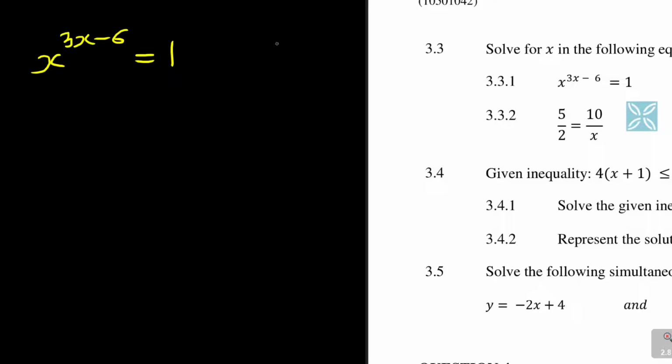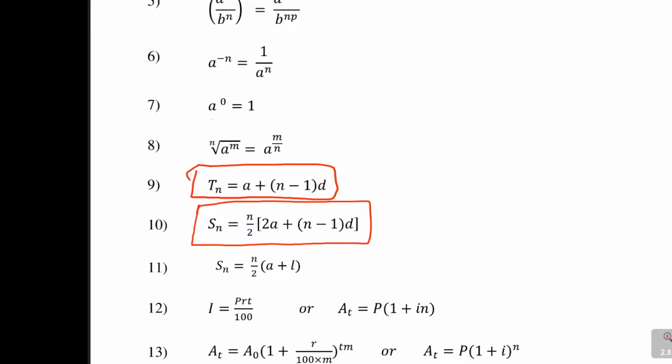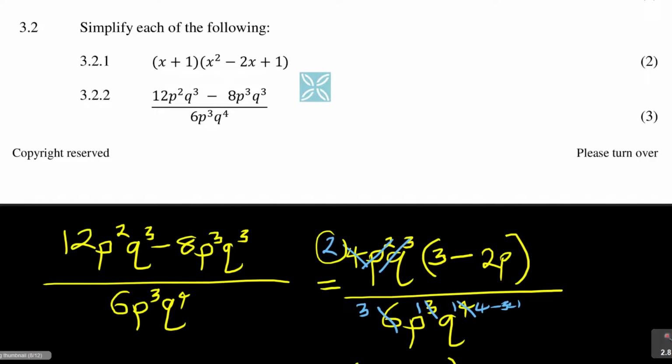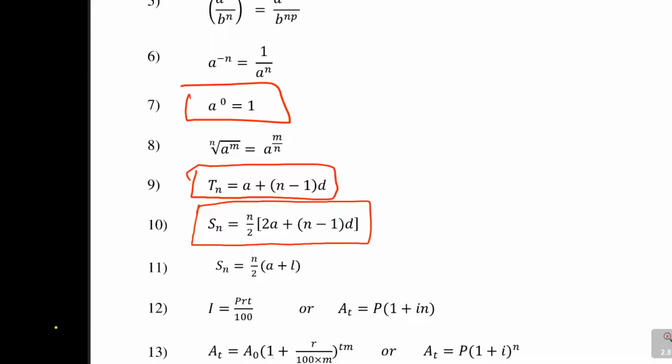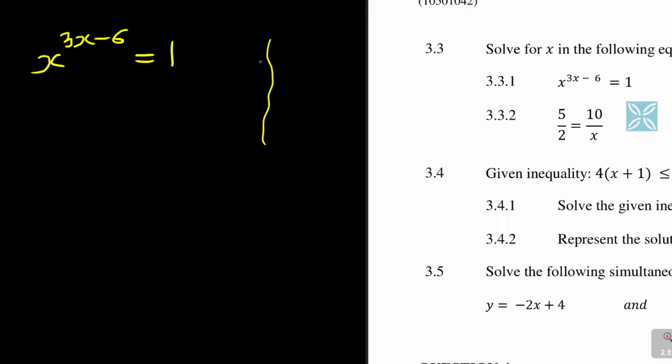So you must remember, when you look at the exponents, let's go to the equation of the exponents. There it is. You see, they were using this concept here. A to the power of 0 is equal to 1. That's what they are using. So what does it mean?